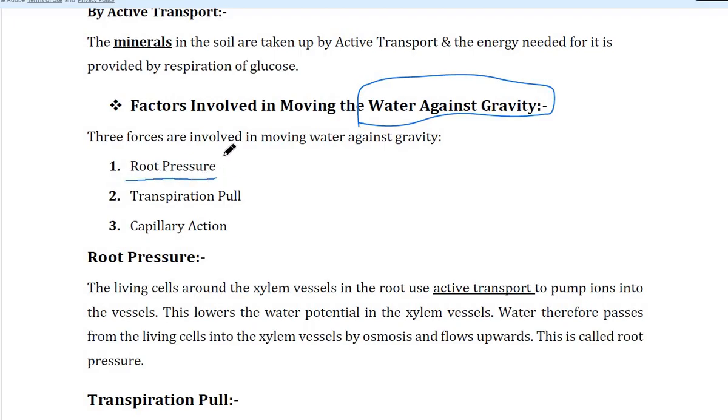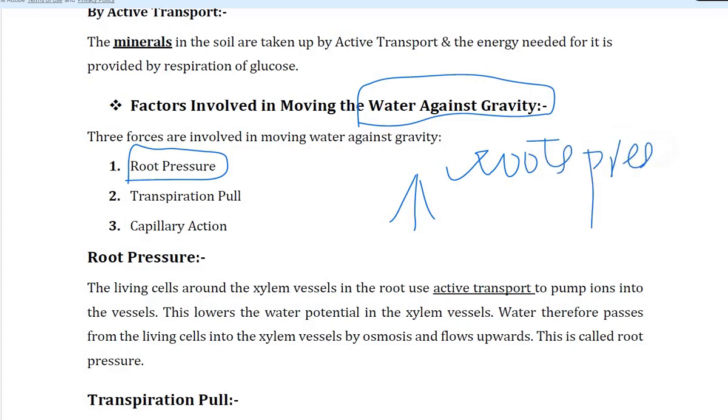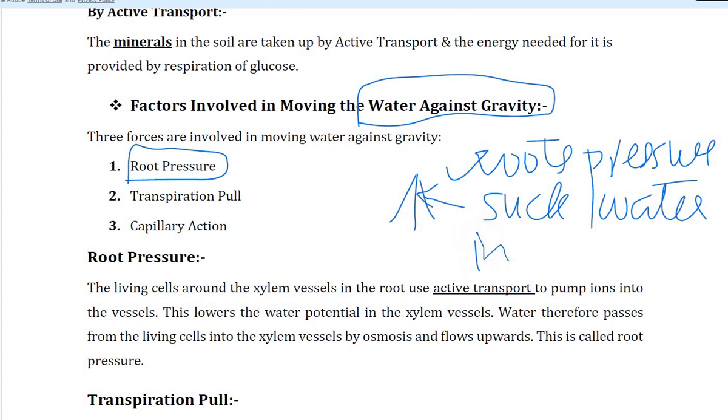The first force is root pressure. When there is a lack of water inside the plant, roots create a pressure, and this pressure will suck water inside the roots.